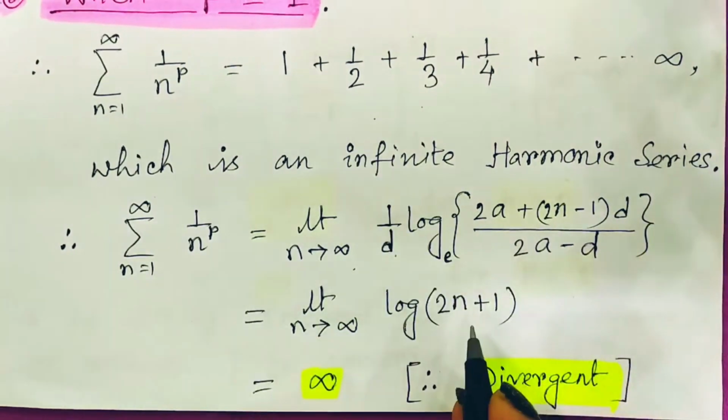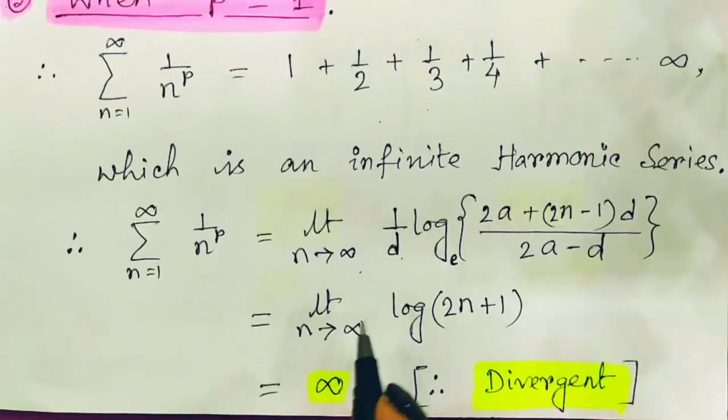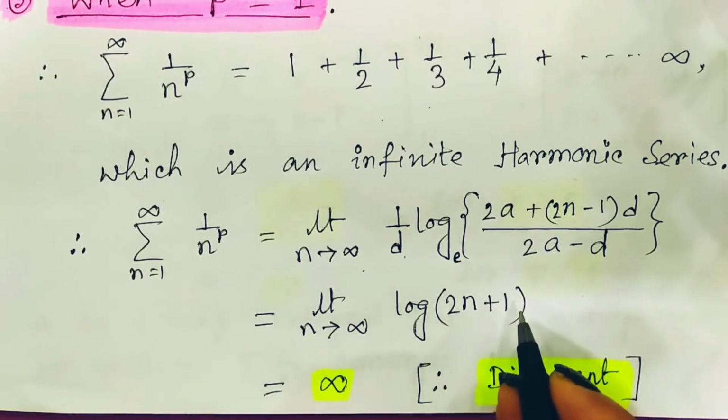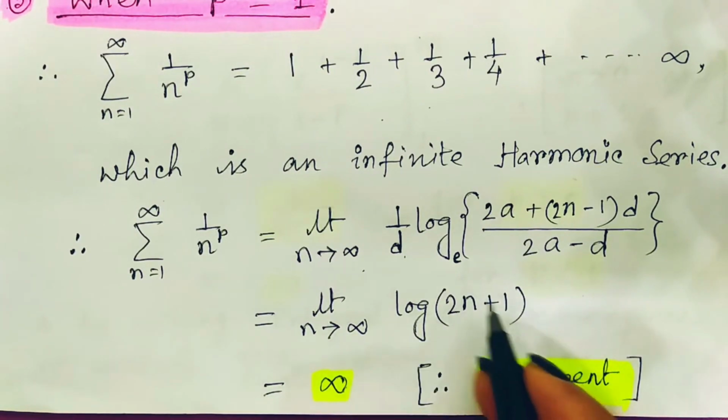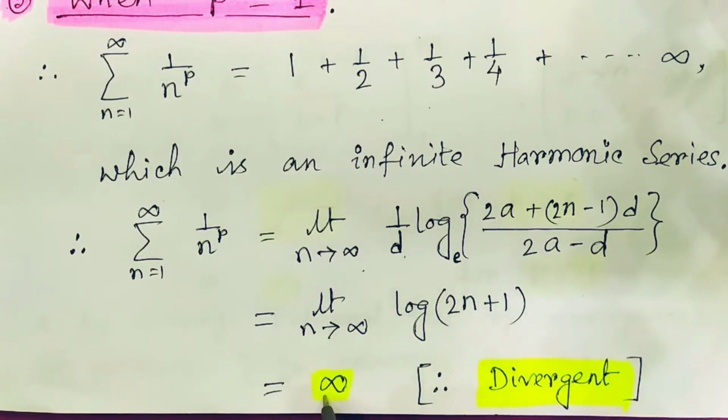If we substitute all, then we find it is limit n tends to infinity of log (2n plus 1). When n tends to infinity, log infinity is finally infinity. So it is again divergent. So we find that when P is equal to 0 or less than 0, the entire P series is divergent. Not only that, when we consider a positive P value and it is exactly 1, then also it is divergent.